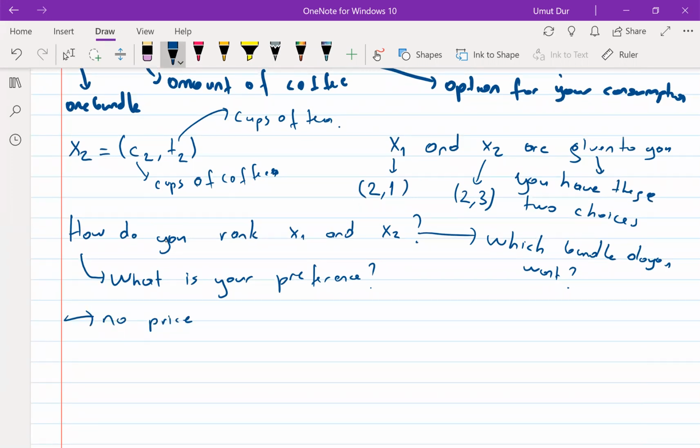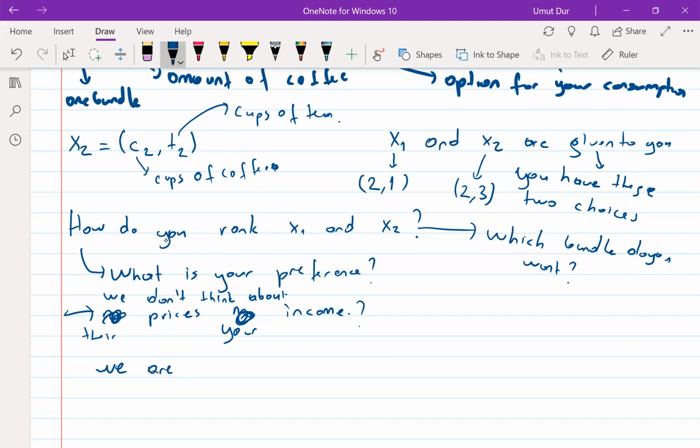We haven't talked about price, and we haven't talked about income. Don't think about prices and your income. We are just interested in your taste.